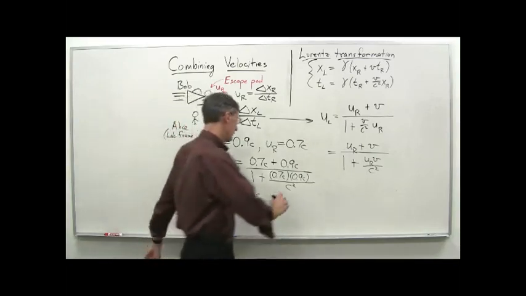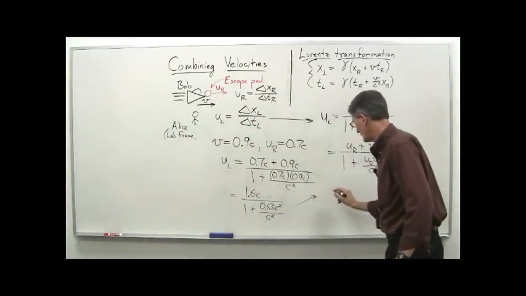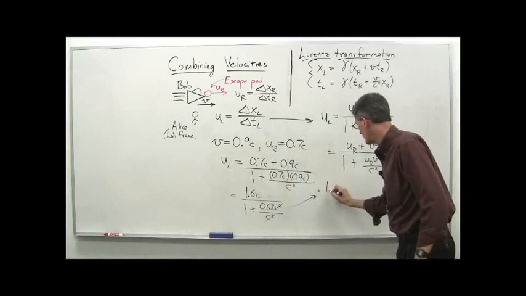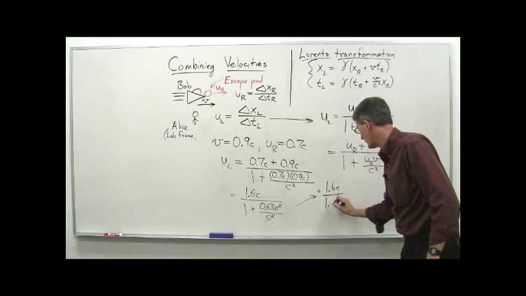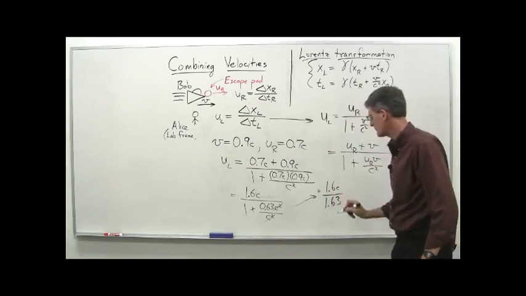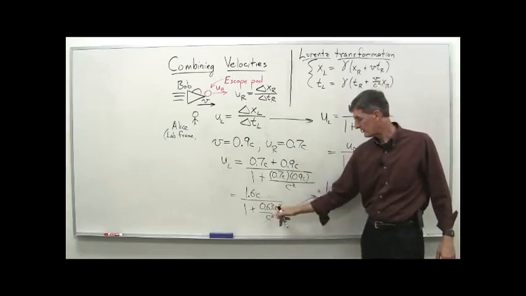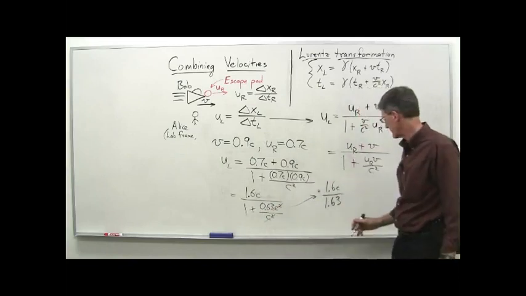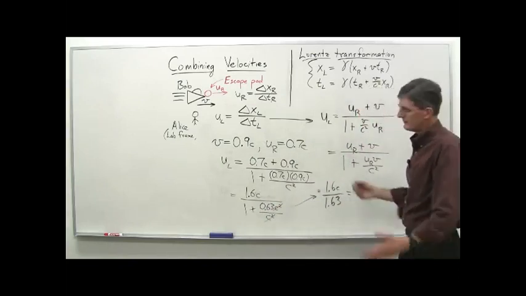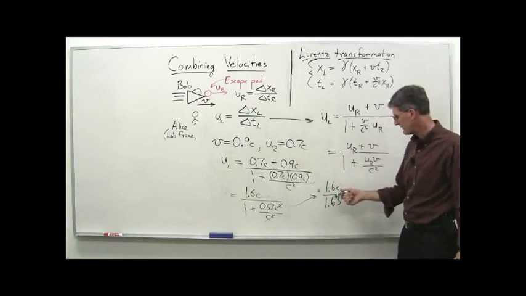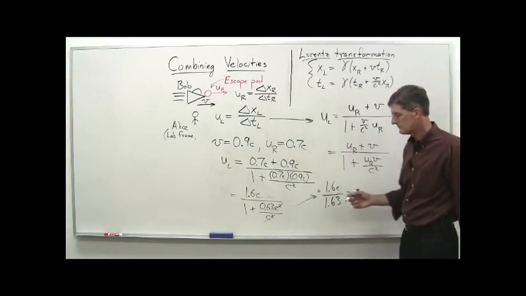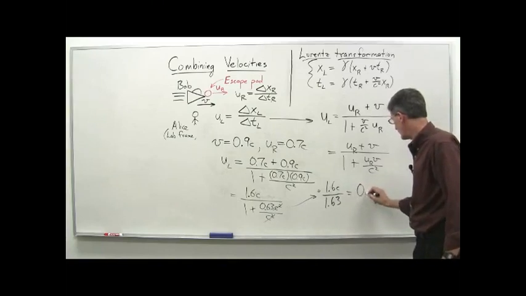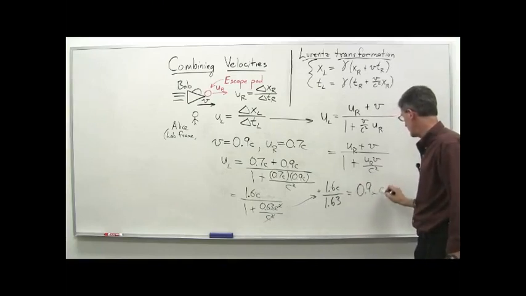And look what I'm left with over here. This equals 1.6 c all over 1 plus just 0.63. The c squareds are gone there. So get out your calculator and figure this out, but it's roughly 0.9 something c here.